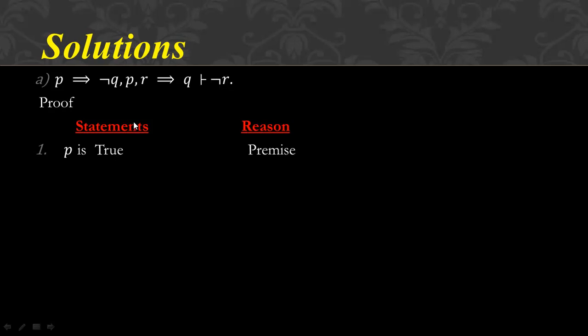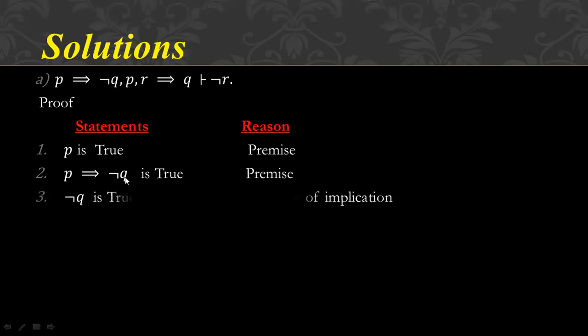We have P is true because P here is a premise, so we can consider this one as a given. Then if P is true, the first premise, P implies negation of Q, is also true. And therefore, because this is true, negation of Q must also be true.